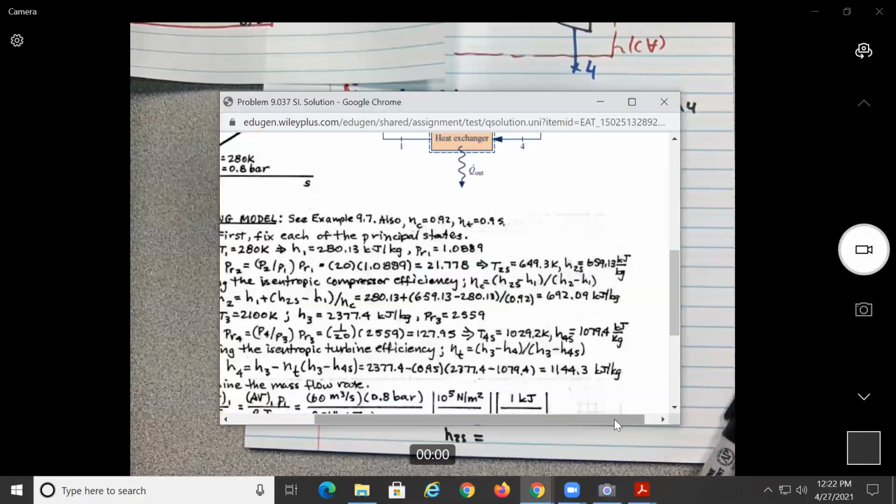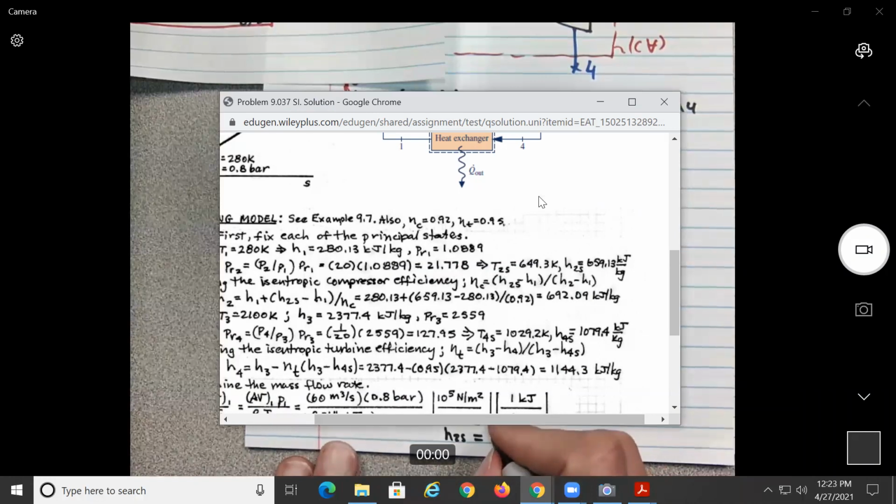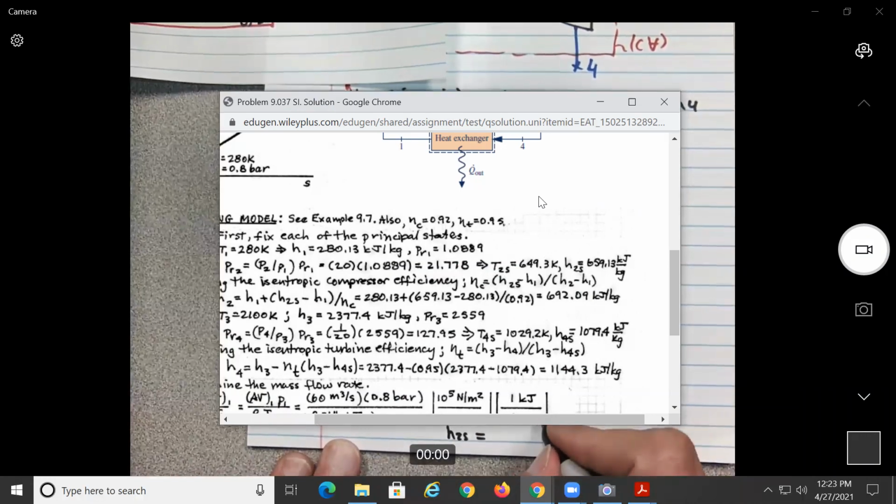So for 21.778, T2S is 649, so it's very close to 650, as we were saying, 649.3 Kelvin. And H2S is 659.13 kilojoules per kilogram.